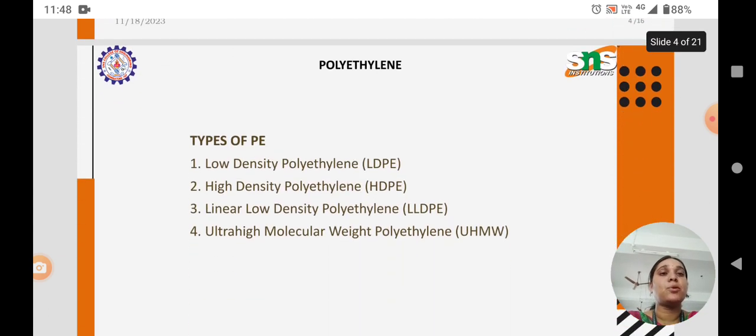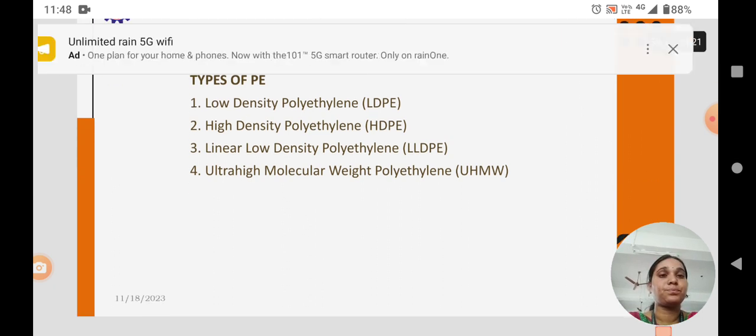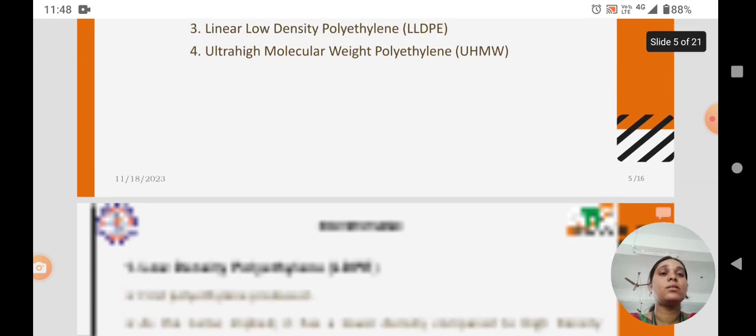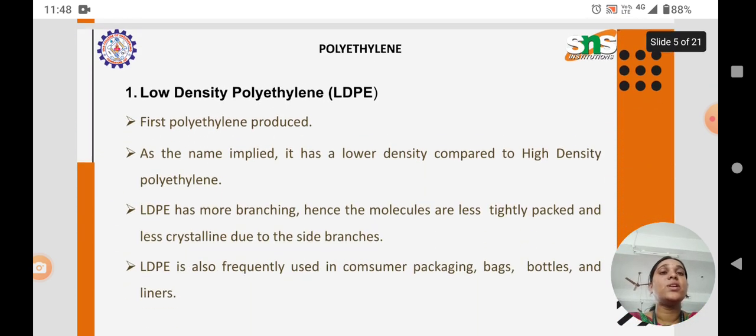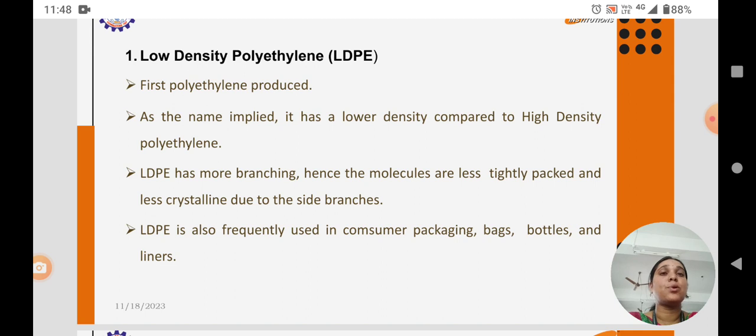The types of polyethylene: low density polyethylene, high density polyethylene, linear low density polyethylene, and ultra high molecular weight polyethylene. Low density polyethylene is the first polyethylene produced.